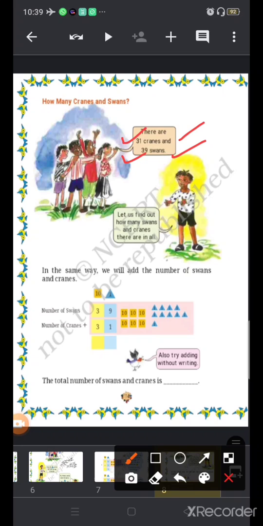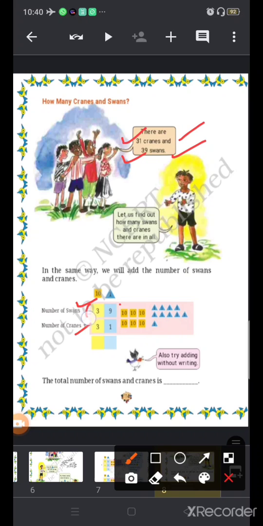So, in the same way, we'll add the number of swans and cranes. How many swans are there? Swans are 39. And how many cranes are there? Cranes are 31. Now we'll add cranes and swans.